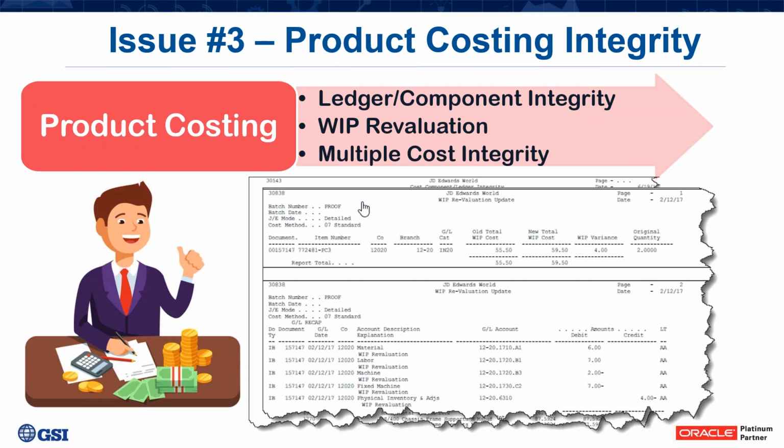Now let's say my material cost goes up and I do a cost roll on that item, so my standard cost now changes from $1 to $1.10. And let's just say now it's 90, 10, and 10, material, labor, and overhead. Well, the work order that I attached the parts list to, where I have not issued material yet, still has the 80, 10, and 10 on it.